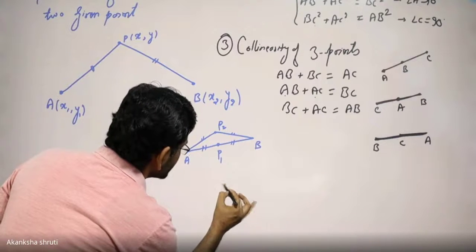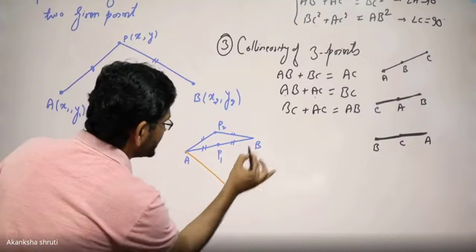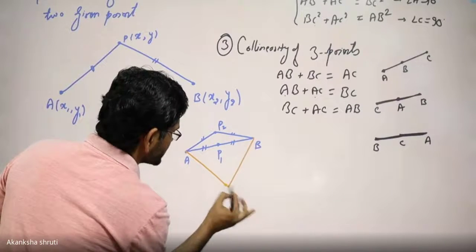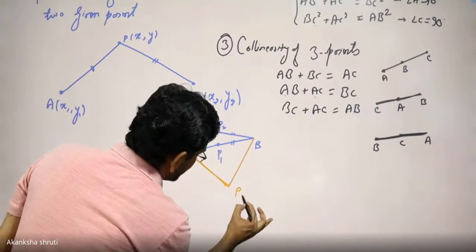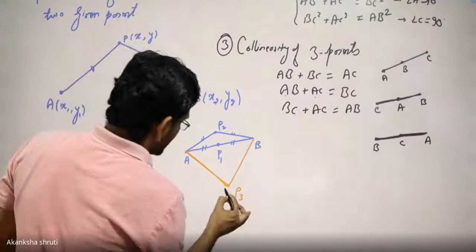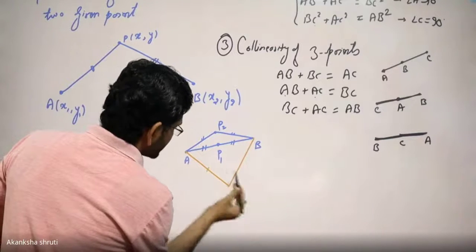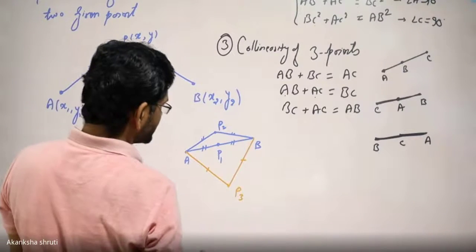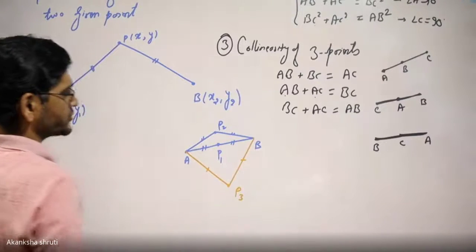Let us consider this point as P3. If this much length is equal to this much length, then AP3, this length, is equal to this length, and P3 is also an equidistant point.